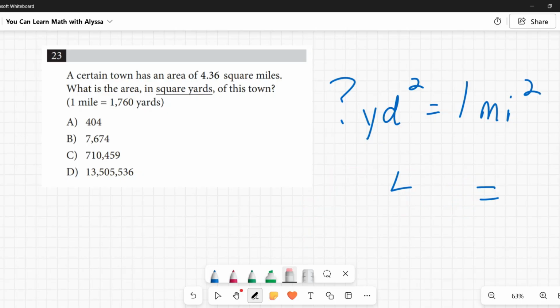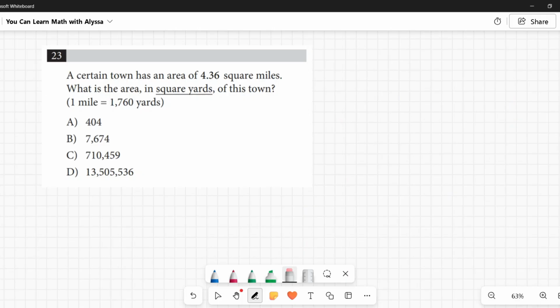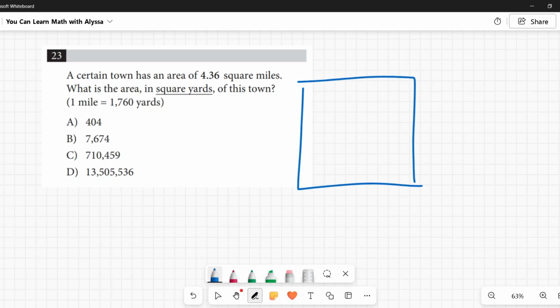So when it says 4.36 square miles, does it mean, and this is where I expect many students to make this understandable mistake, 4.36, 4.36, and it's on a square? It does not.